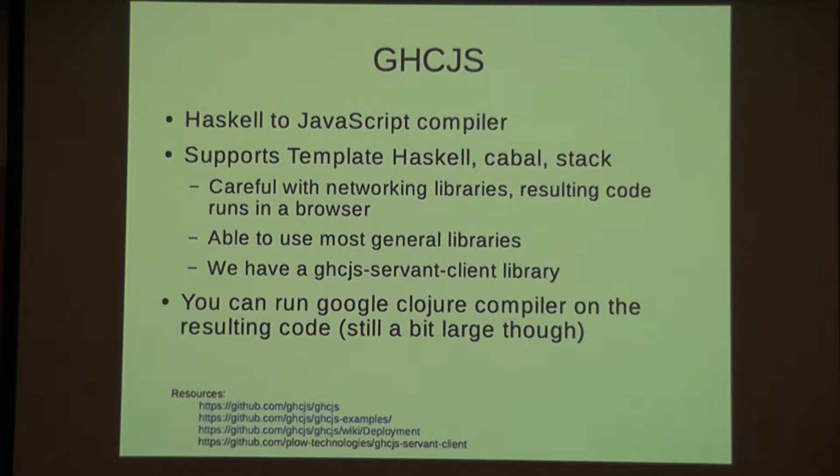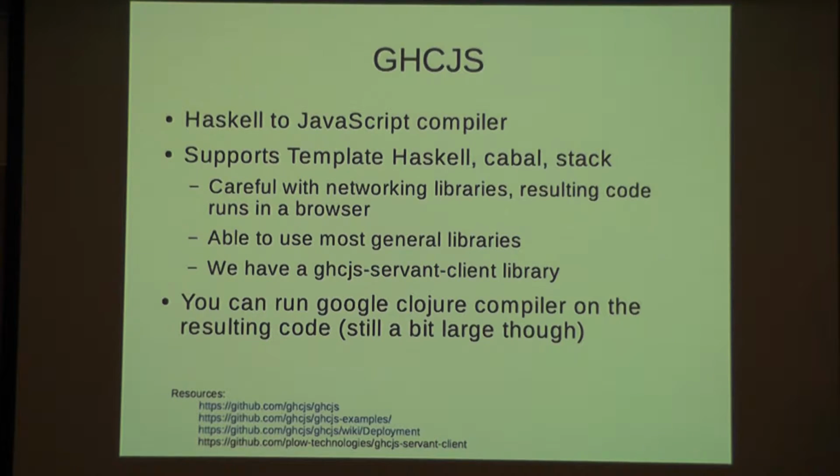So some of the nice things that GHCJS has is it supports Template Haskell, it supports Cabal and Stack, and it does support a lot of the libraries out there. So a lot of the libraries you find on Hackage, you can use a good percentage of those libraries. I'm not sure how many.